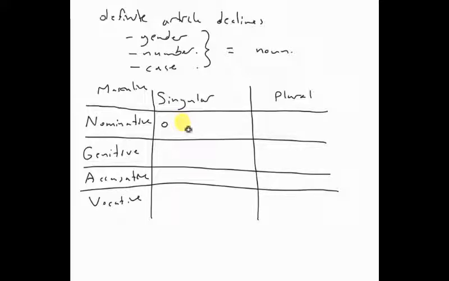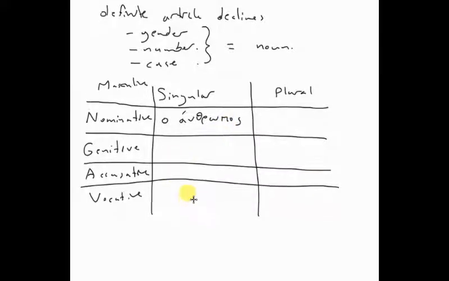And person in Greek is anthropos. So here, for each one of these boxes, we're going to put the definite article in front. So here, we're going to say the person. So we're going to say o anthropos. Let me just move this up.